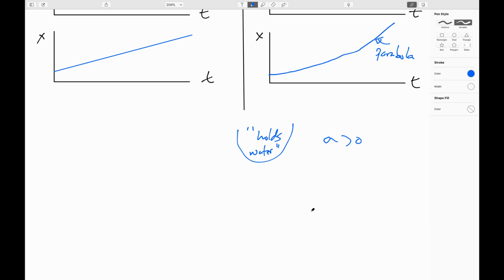And if the shape of your parabola is such that it spills water, that will mean that your acceleration is negative. Okay, in the next video, we will get quantitative about all of this, so catch you on the flip side.